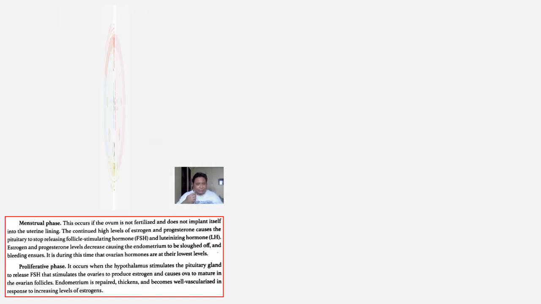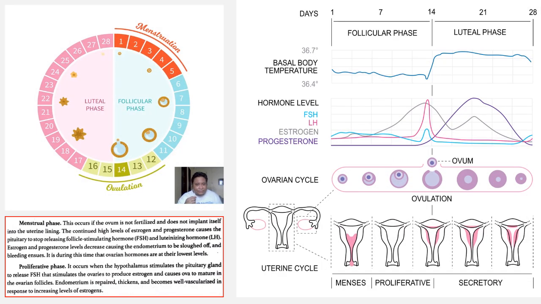So here in the menstrual phase, it occurs if the ovum is not fertilized. In the 28-day calendar period, days 1 to 5 are the menstruation period, usually 1 or 2 days, or 3, 4, or 5, and it looks like a spotting period. It occurs if the ovum is not fertilized and does not implant itself in the uterine lining.